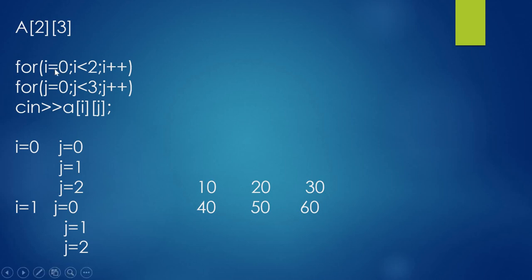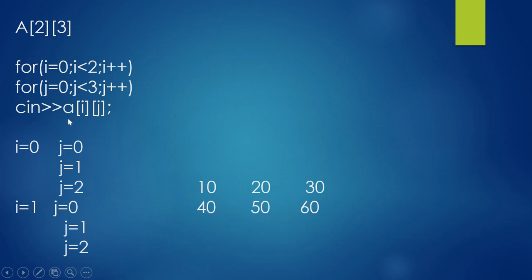For example, the value of I is 0. After that, it starts the inner for loop j, which runs from 0 to less than 3, means 0 to 2. For the first value I equal to 0, the inner loop has j equal to 0, 1, 2.